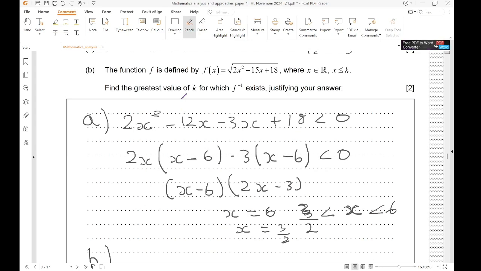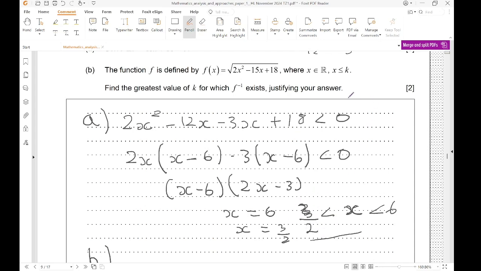So over here we know that x has to be less than or equal to k for f inverse to exist. So due to the function that we found over here, k has to be equal to 3 over 2, because the greatest value that you can get for k right now is 3 over 2.